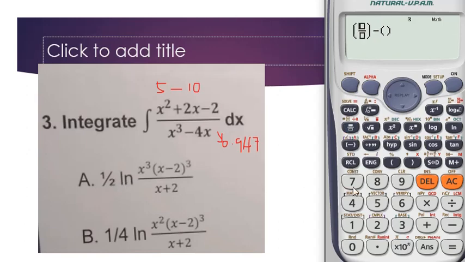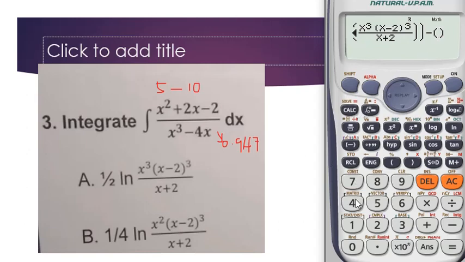We have 1/2, and then you punch in the natural log of x minus 2, with exponent 3, and then you divide that by x plus 2. Then you duplicate the same thing in the next box.